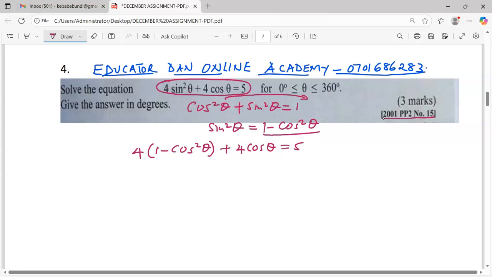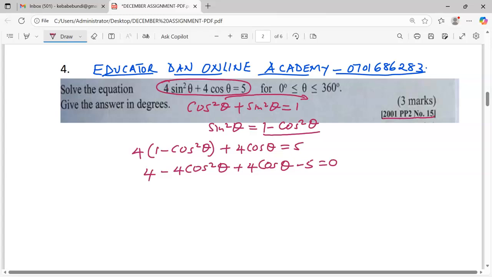We can open the bracket by taking 4 times 1, which is 4. Then 4 times minus cos squared theta will give us minus 4 cos squared of theta plus 4 cos theta. If we bring 5 to this other side, it becomes a minus 5, and this one is going to be equal to 0.